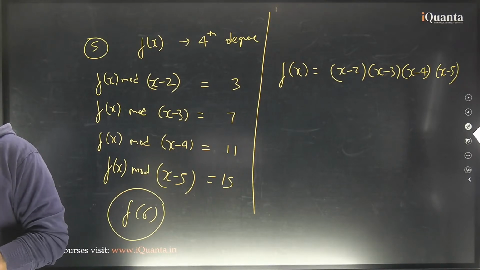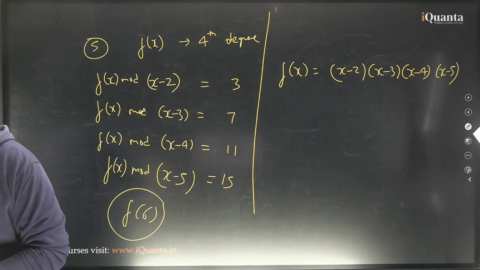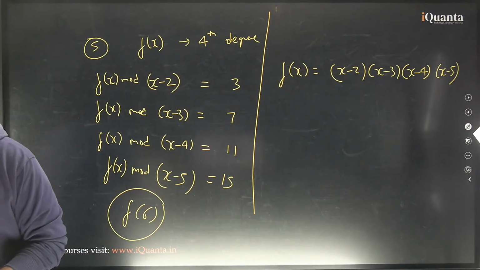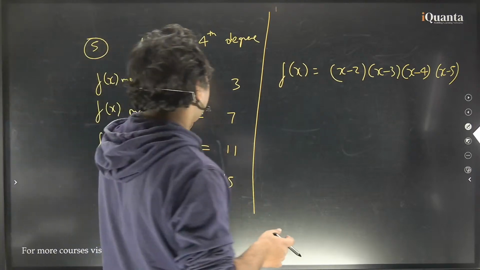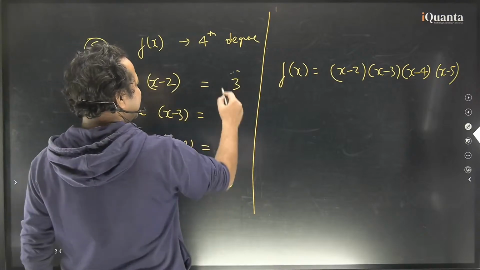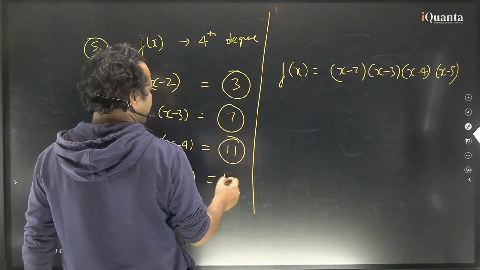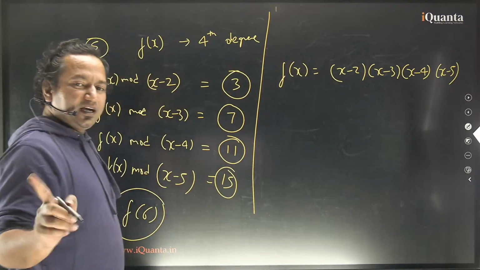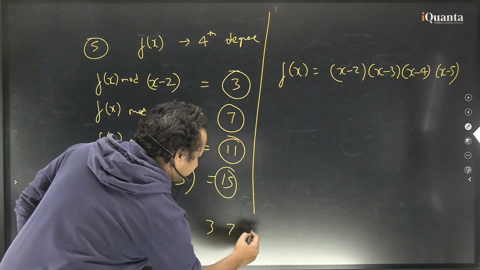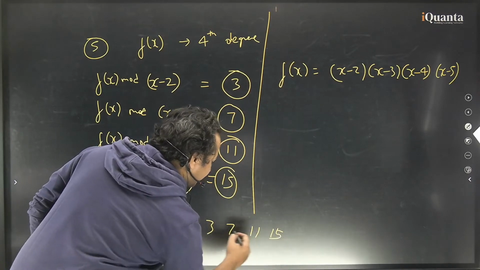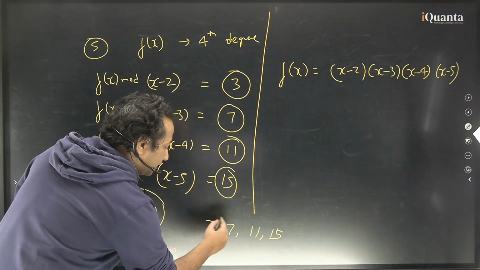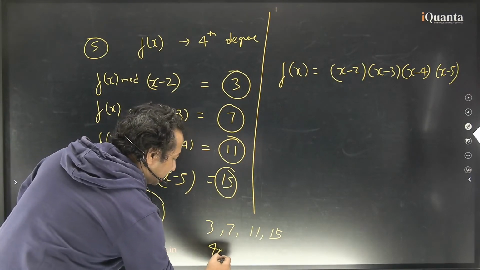Here comes the remainder theorem. Remainder is 3, 7, 11, 15. Now, if you look at these remainders, they are essentially forming an arithmetic progression. मैंने अभी ये भी सिखाया था क्या कि 3, 7, 11 और 15 को अगर मुझे जनरलाइज करना होगा तो difference 4 है, तो 4n minus 1 होगा ना.